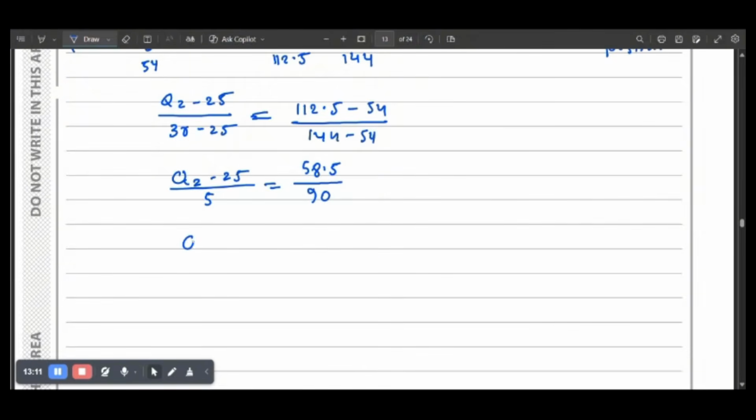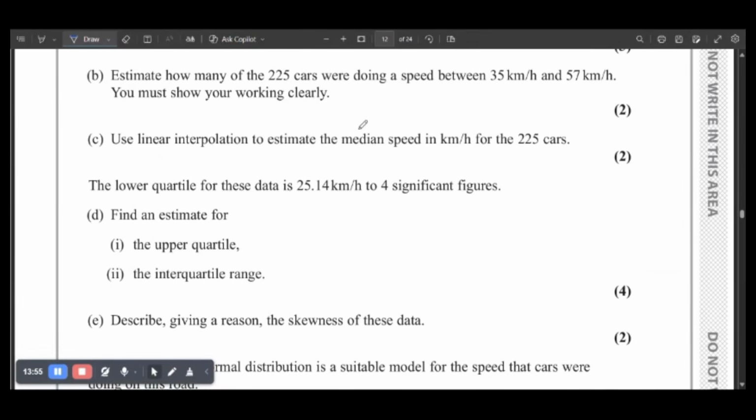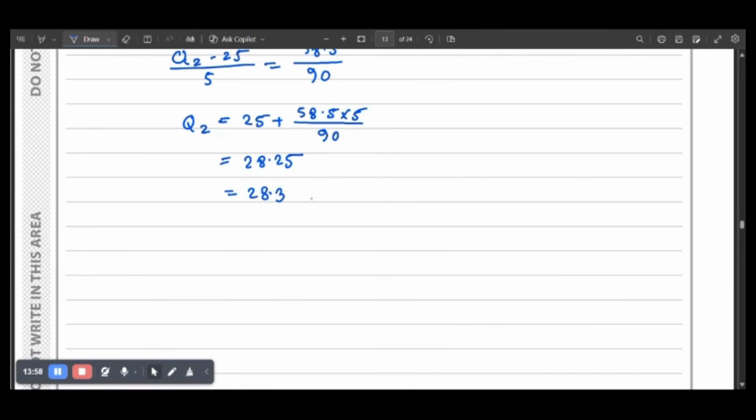Now to find our median, we get 28.25, which is 28.3 kilometers per hour.